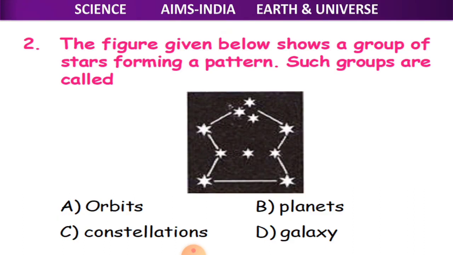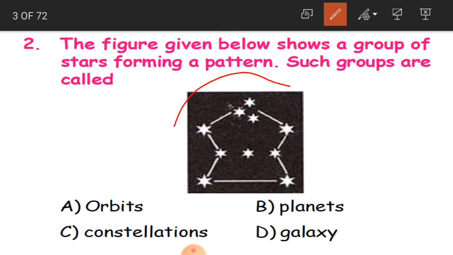Now the second question is, the figure given below shows a group of stars forming a pattern. Such groups are called what? This picture is nothing but a pattern of stars in a group. We have learned that some stars together form a pattern, and we have names for those patterns. Even our zodiac signs are nothing but groups of stars.